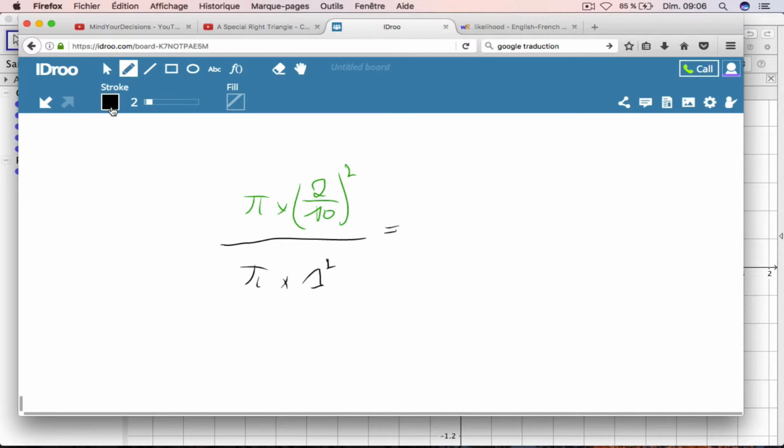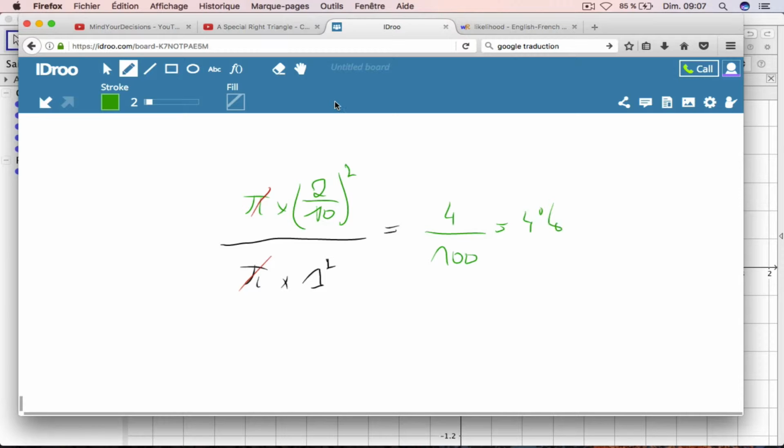We can simplify by pi, so we don't need pi for this calculation, and since we divide by 1, we don't need this fraction anymore. So we can just say that's 4 over 100, so that's 4%. The probability to get the green circle is 4%. That was an example of geometric probability.